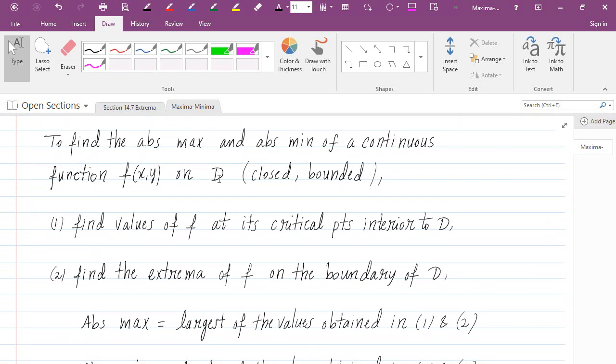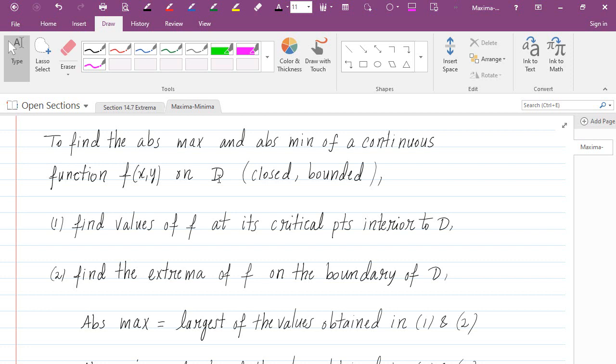Either the extrema of f occur on the boundary of D, or they occur inside of D. Now, if an extremum occurs at a point interior to D, then at that point f must have a local max or a min, and because of that we know we have a critical point.